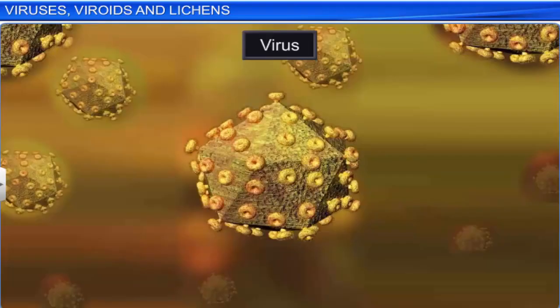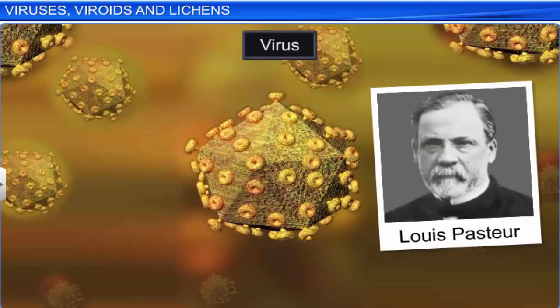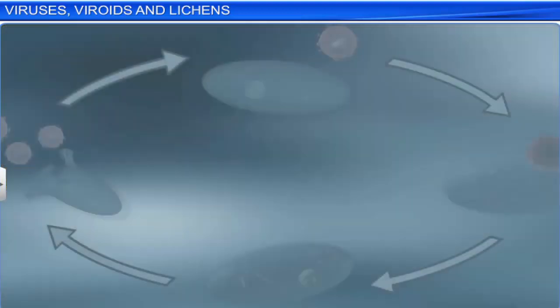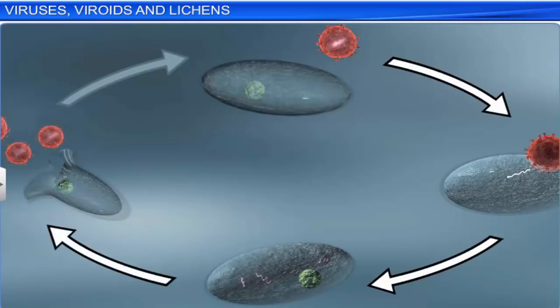Viruses are non-cellular organisms that possess an inert, crystalline structure outside their living cell. The name virus was coined by Louis Pasteur. The word virus means venom. The name is apt because when a virus infects a cell, it takes over the host cell's machinery to replicate itself.